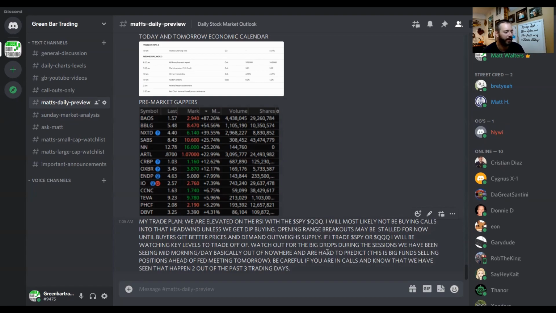We were hitting 70 on the RSI, and I thought I would most likely not be buying calls unless we get dip buying. Opening range breakouts may be stalled for now until buyers get better prices. Okay? It's all about supply and demand. So now let's take a look at what happened.